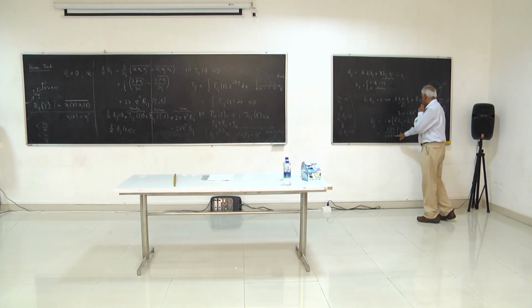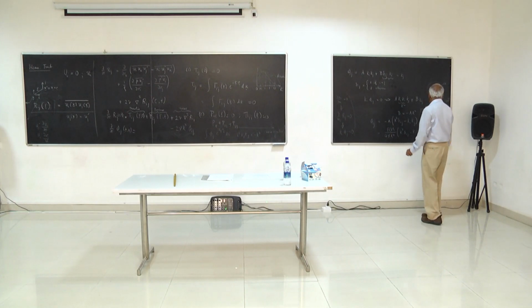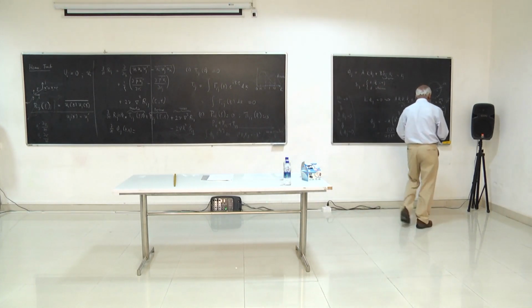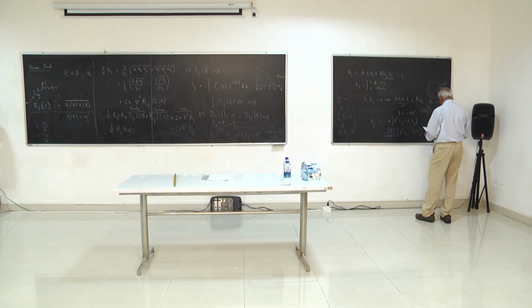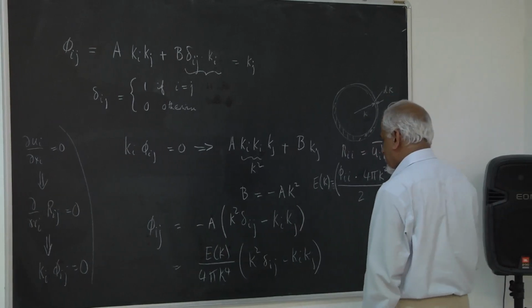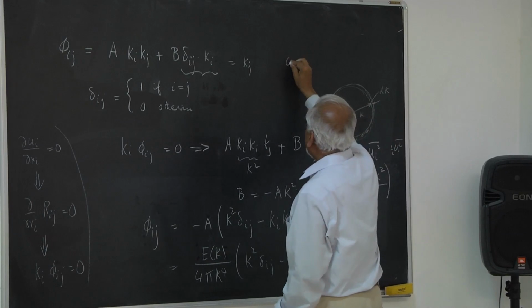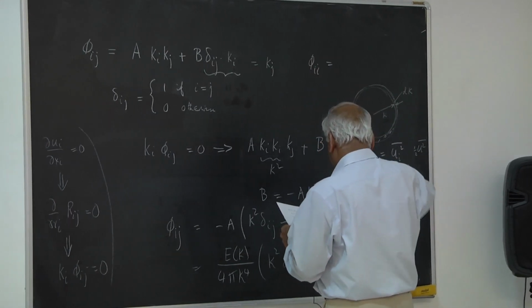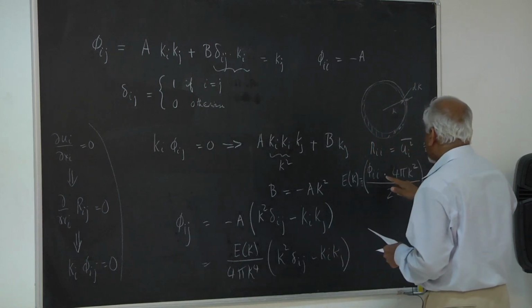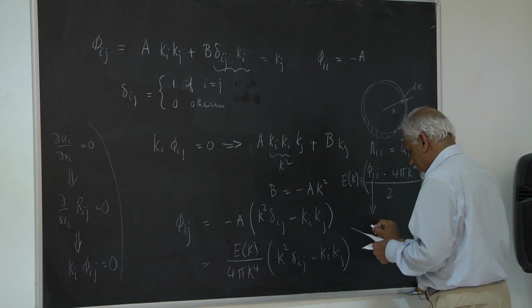It is 4 pi k squared, probably. Now it is k to the power 4, all right, because phi is minus A k squared, all this stuff you have.